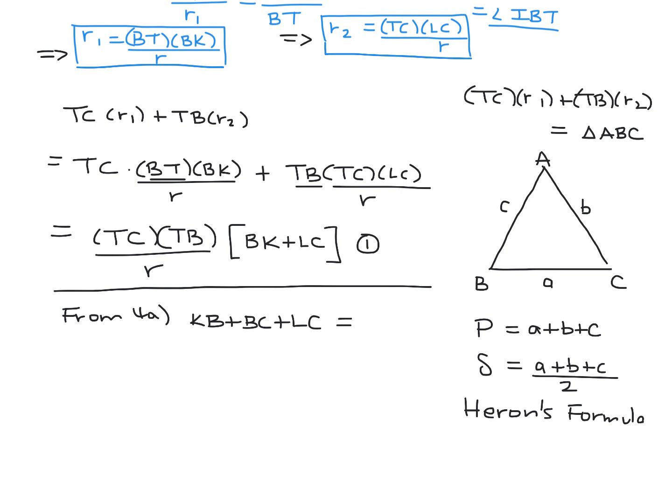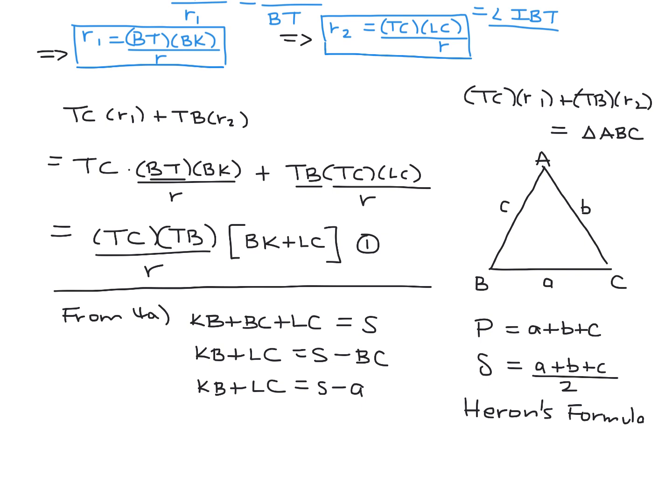Here, in this case, I'm calling it S. So I'll just use the same notation. So if I rearrange this a little bit, KB plus LC is S minus BC. Well, BC is A, right? That's what I called it. So let me just use those letters here. So this is S minus A. KB plus LC. Okay, great.